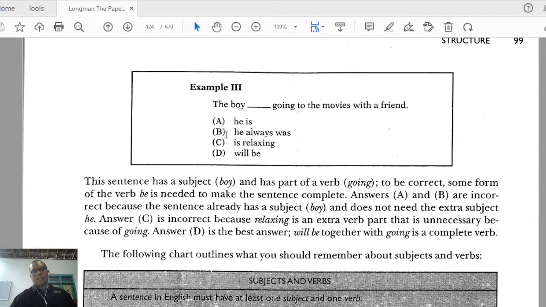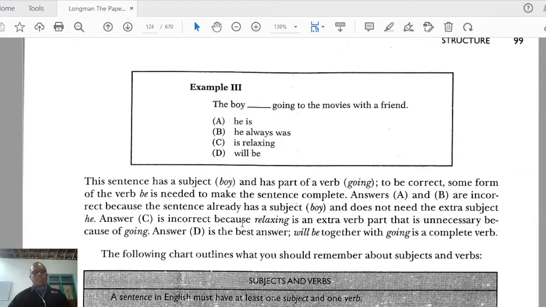So A and B are not correct, ya, karena he ini subject, dan tidak membutuhkan kata benda lagi atau subject lagi, yaitu he.